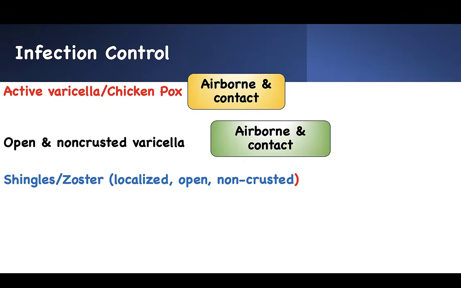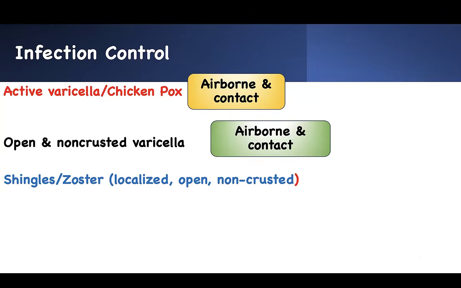You may see a question regarding shingles or herpes zoster. Sit back, don't worry. Shingles means you had a previous infection of varicella, which is now dormant and has been activated because probably you are older or you are immunocompromised. There are two ways you can see it. If it's localized to a small area of your body, and it's open and non-crusted, that means you're shedding some virus.